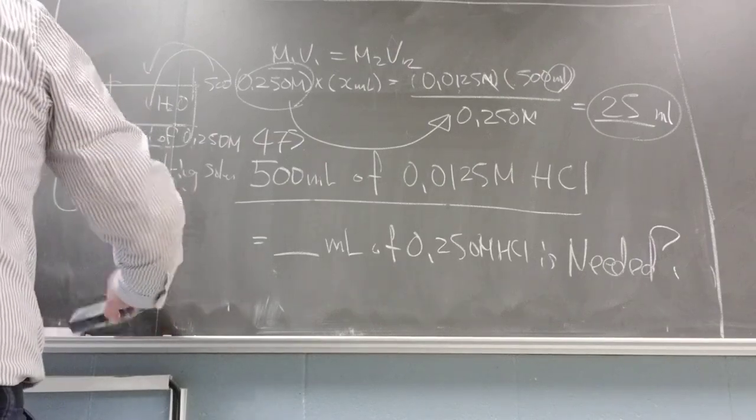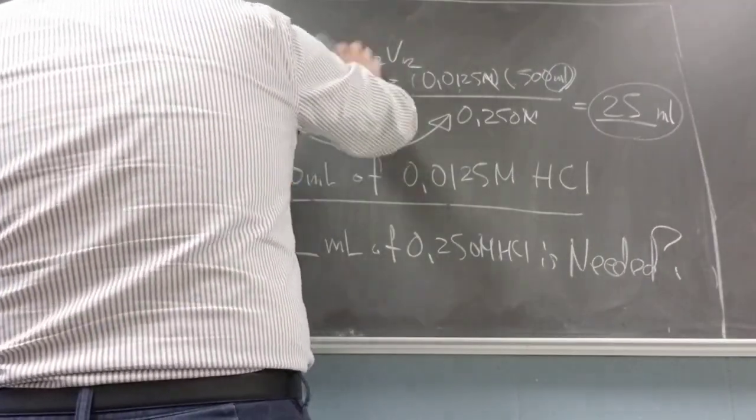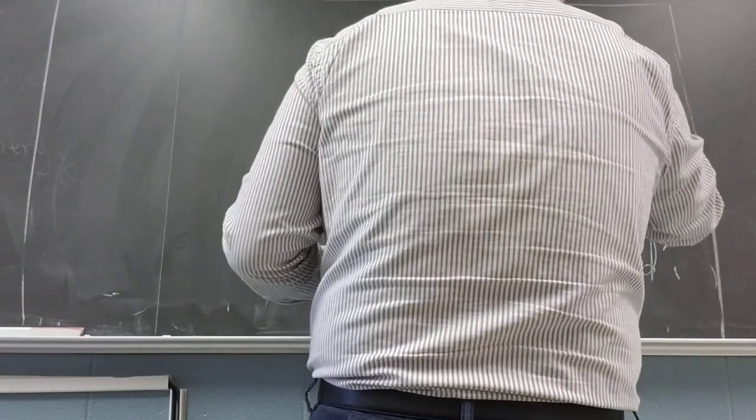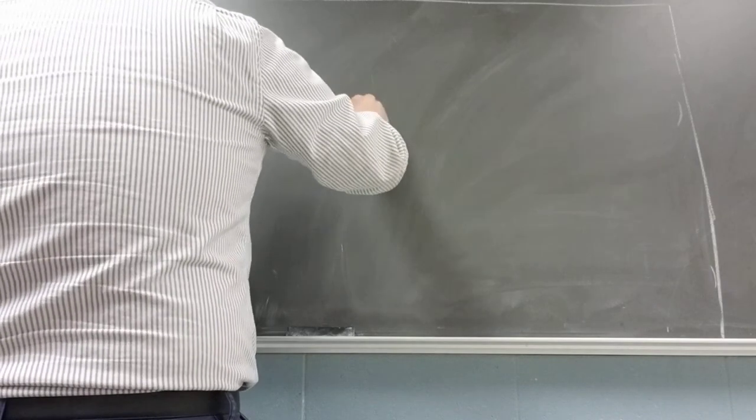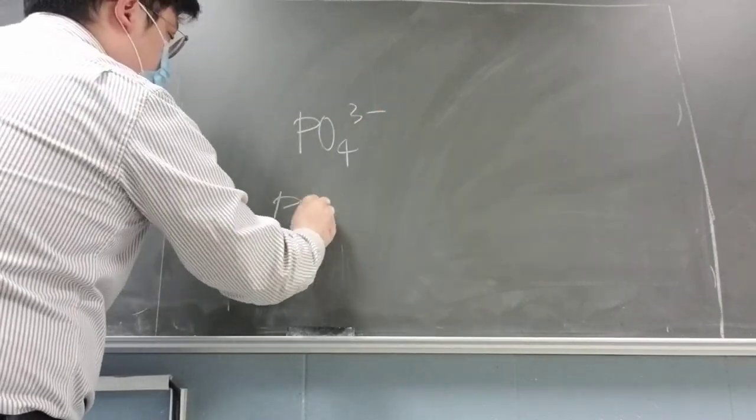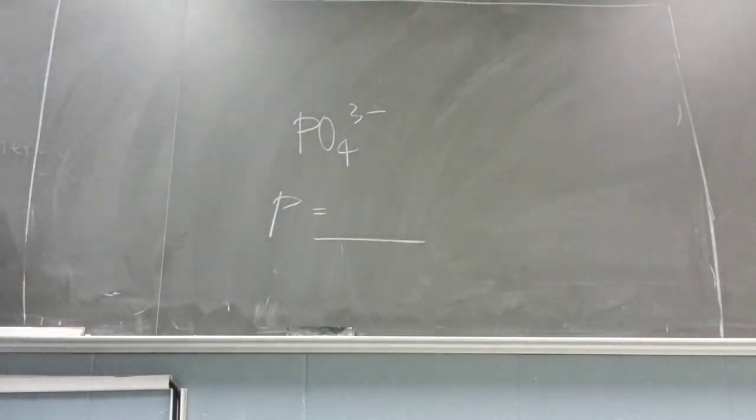Okay. Perfect. All right, so let's do some oxidation numbers. Whenever you have polyatomic ions that look like this, what might be the oxidation number for phosphorus? I'll give you about 1 minute.